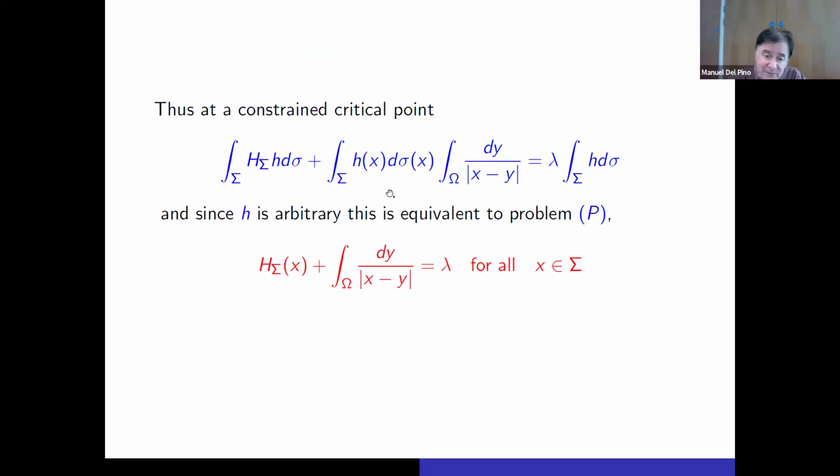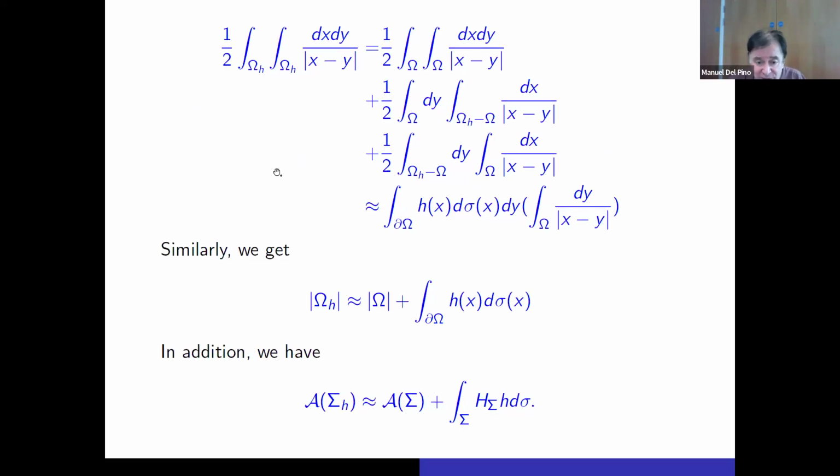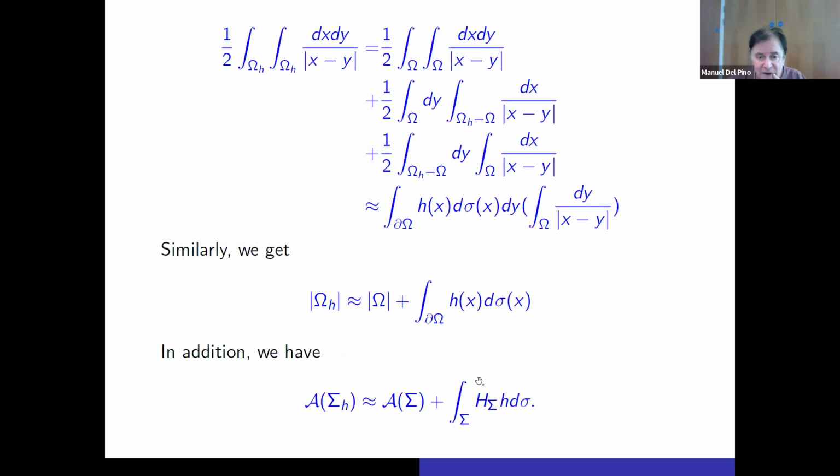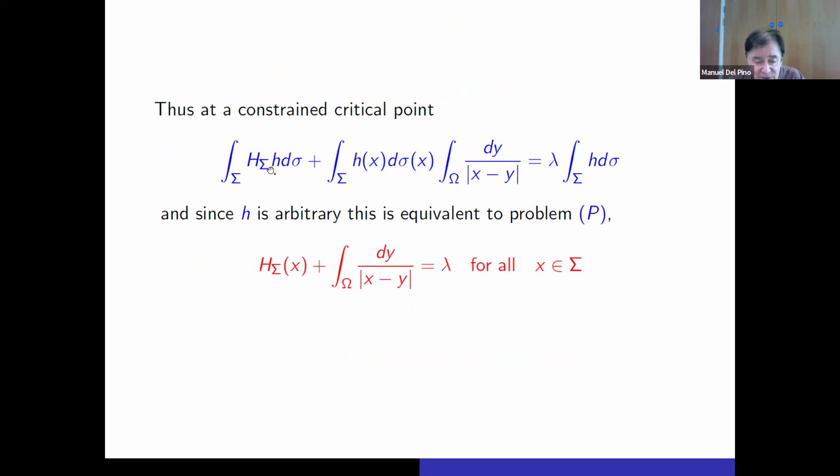So in summary, if you ignore the lower order contributions in h, then we end up with this relation. I am simply trying to rewrite at main order what this means. And we find simply the integral of mean curvature times h plus the integral of h multiplied by this term, and this turns out to be lambda times the integral of h.